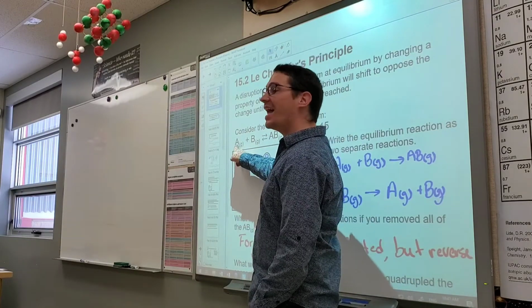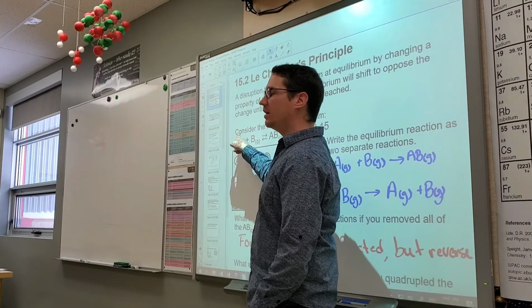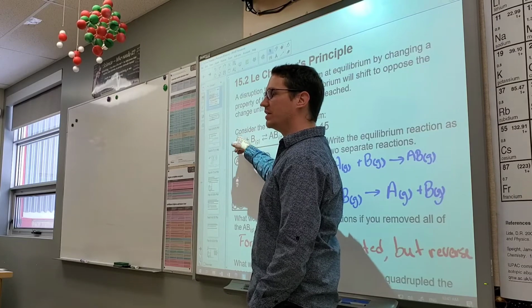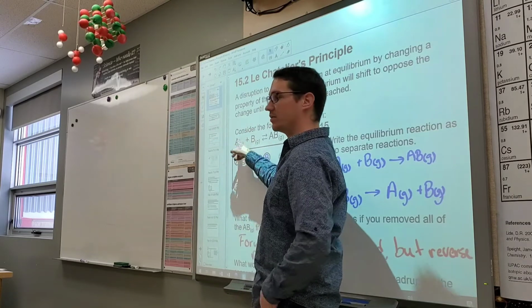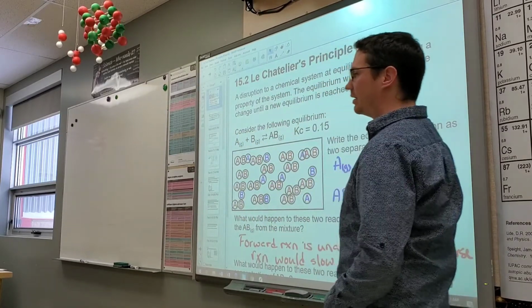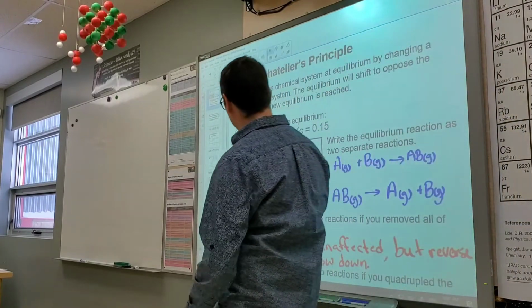But because I add A, there's more A for the B's to react with. And because there's more of them cumulatively, the system will use it up to make more AB. So Le Chatelier's principle, again, not a lot of math, but very, very conceptual.